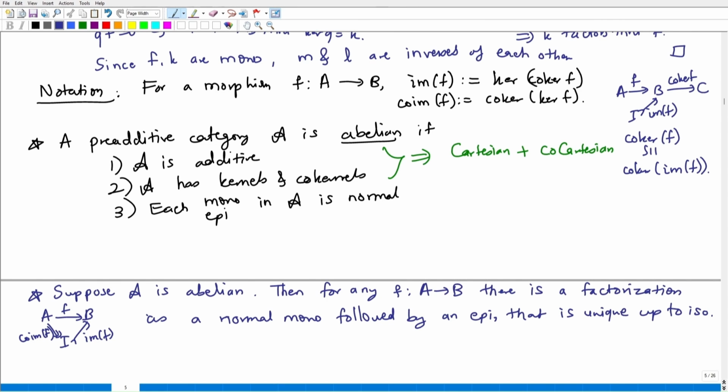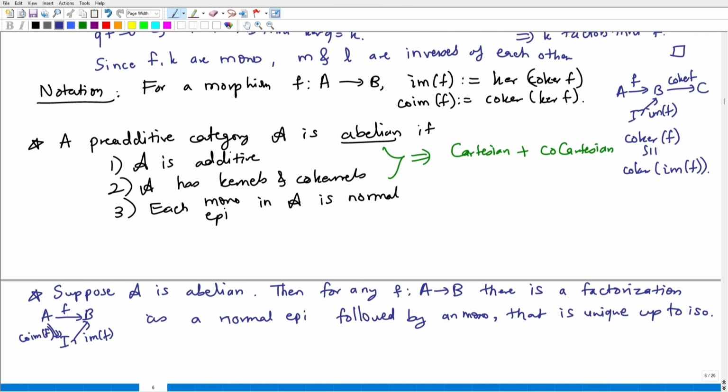As a normal epi followed by a mono. Oh, normal epi followed by a mono. Yes, thank you. Both versions, actually, are both normal, since we are working in an abelian category, but the epi comes first. Yes, that's correct.